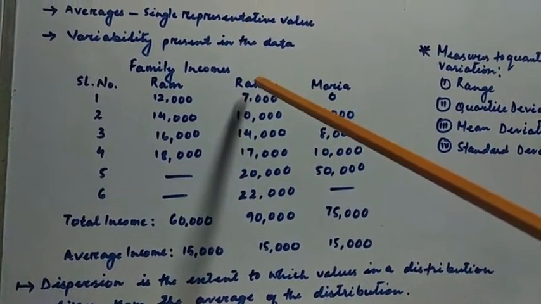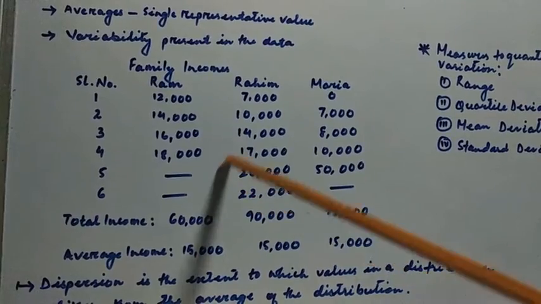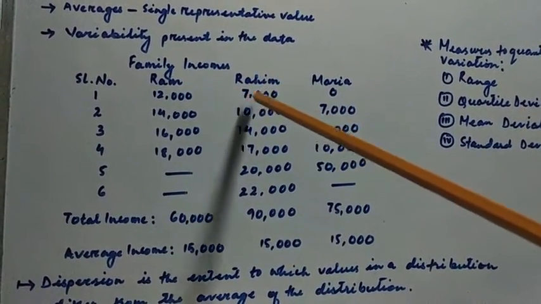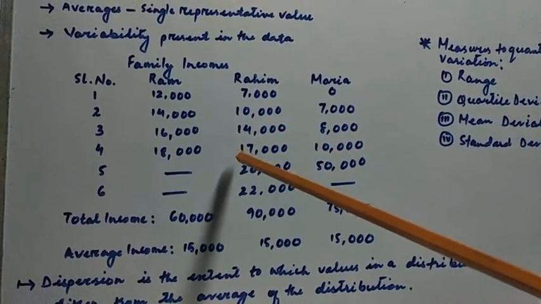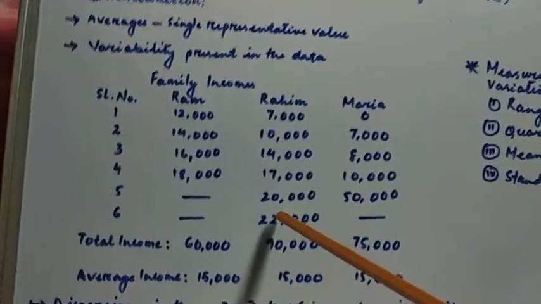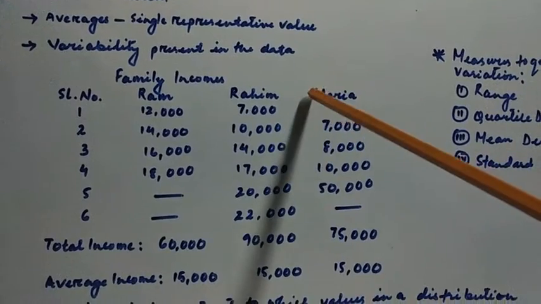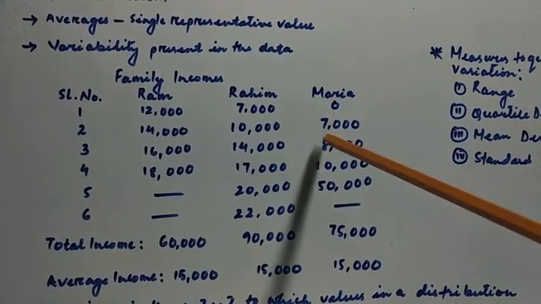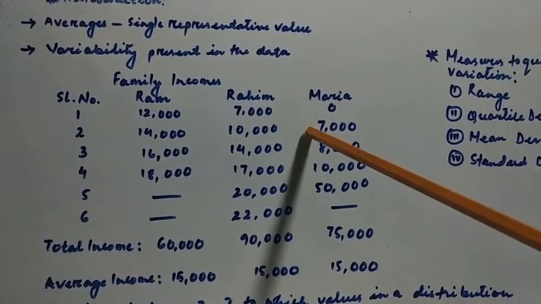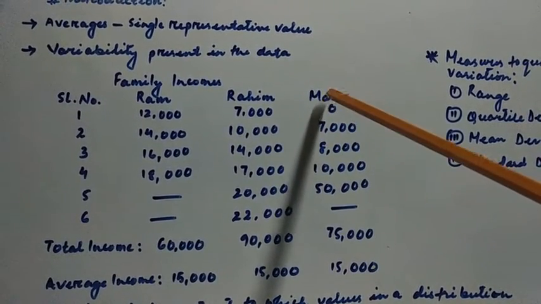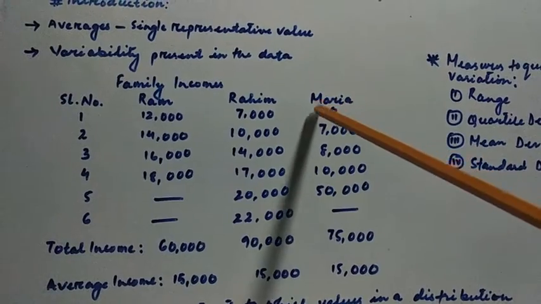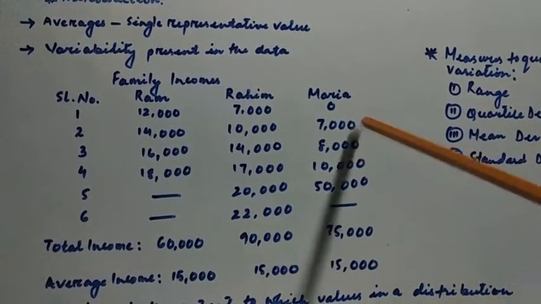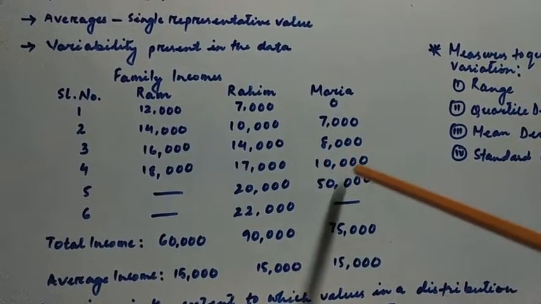Rahim has 6 family members with incomes of 7,000, 10,000, 14,000, 17,000, 20,000 and 22,000. In Maria's family there are 5 members; 1 person has no income and 4 of them have incomes of 7,000, 8,000, 10,000 and 50,000.